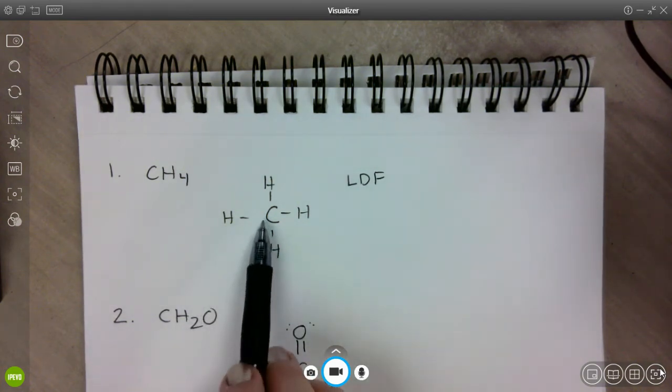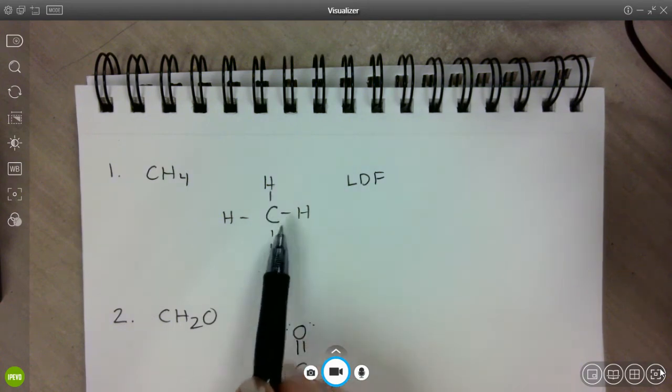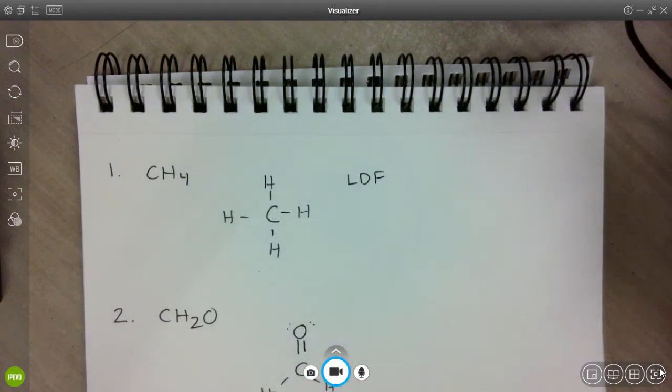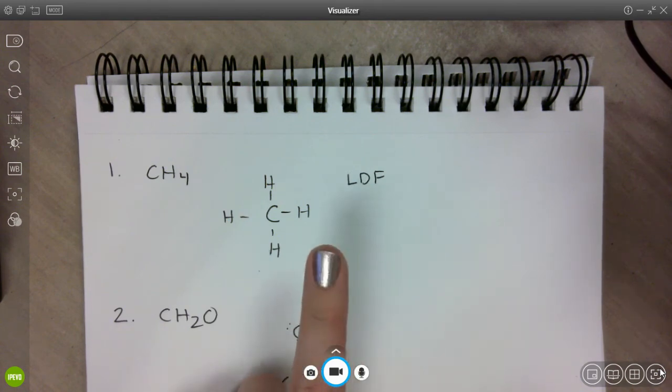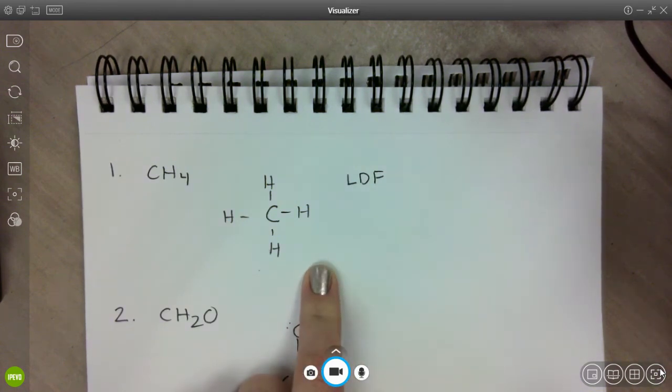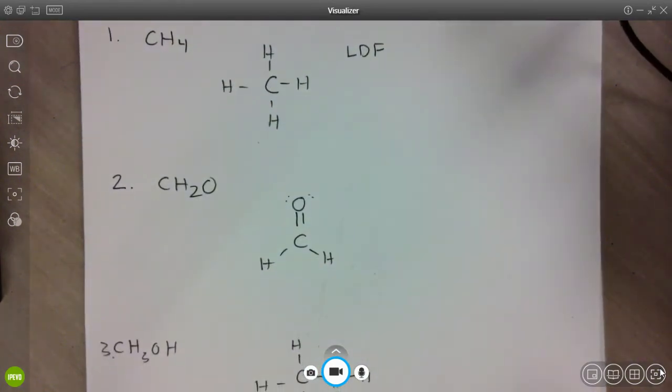Then I check to see if these bonds are polar. And in the case of CH4, the bonds are not polar. So that rules out dipole to dipole and hydrogen bonds. So the only intermolecular force that I have in CH4 is a London dispersion force, and that's it.